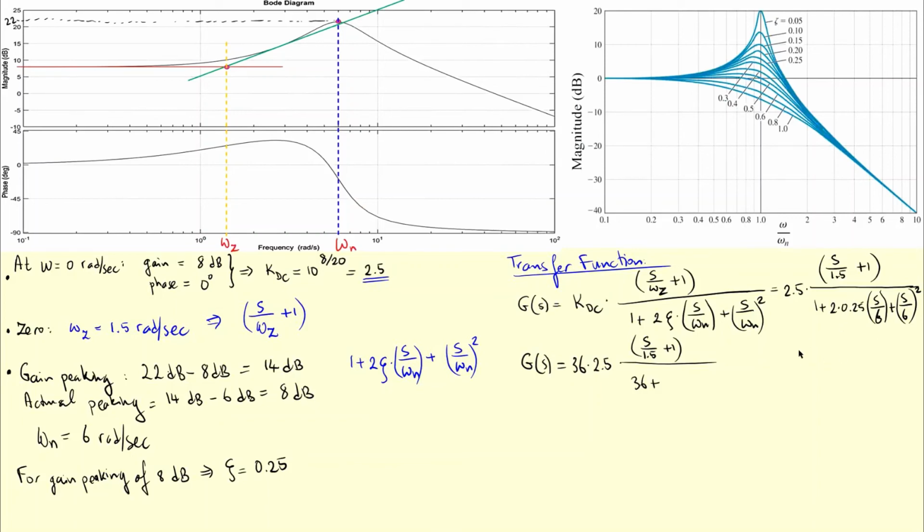So you will actually have here the value of 3s, and you will have s squared because you already multiplied by 36.